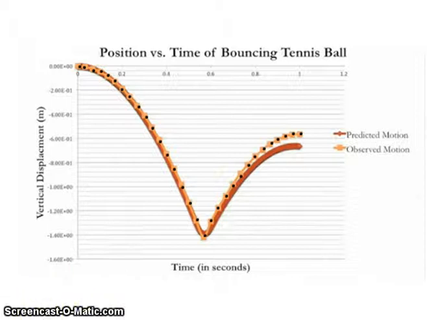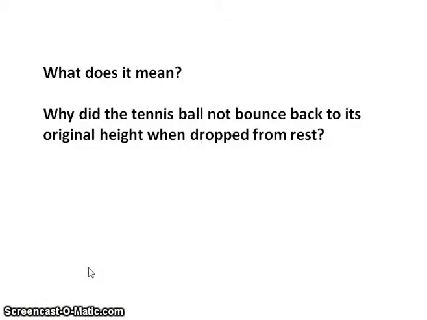From this, we can ask, what does it mean? From the lab, we can tell that the ball did not bounce as high the second time as it did the first. I mean, it did not bounce to its original height. Why is that? As it makes contact with the ground, the ball experiences a release of energy, whether thermal or sound energy.